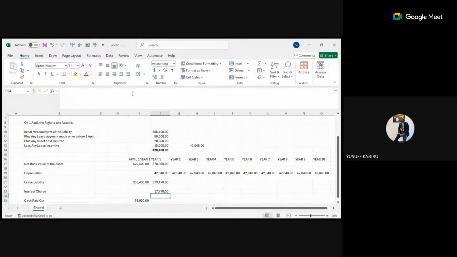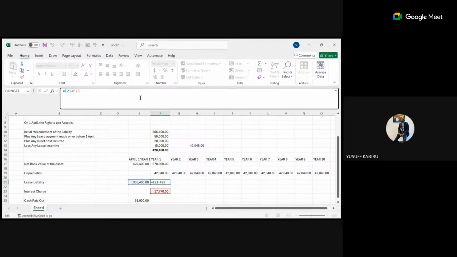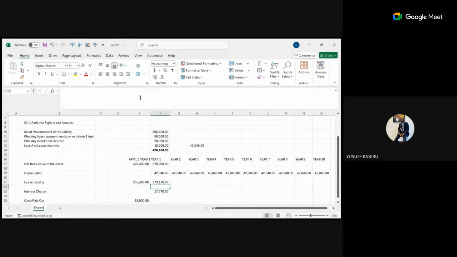Okay. So, having done that, to get this one now, you need to add your interest charge to get what the value is as at this time.